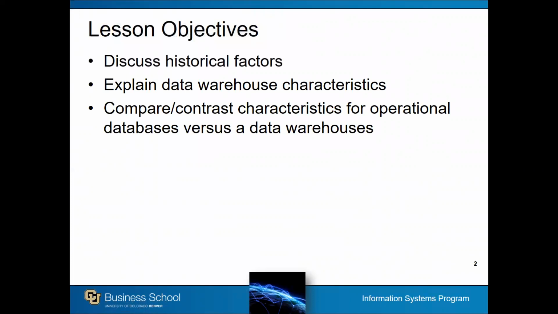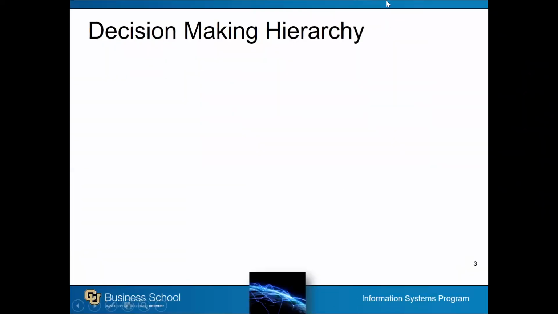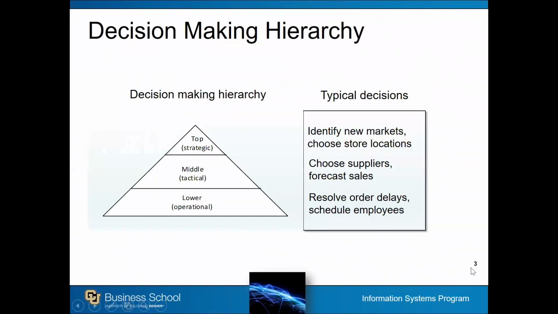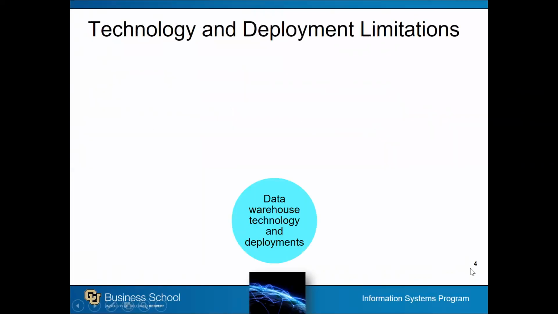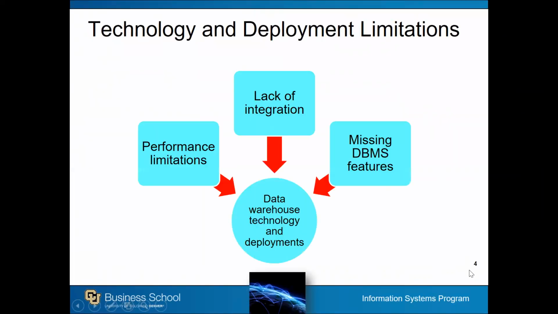An operational database versus a data warehouse. And the decision-making hierarchy. And here's where, ironically, we begin to talk about limitations, and a lot of it is the lack of integration.